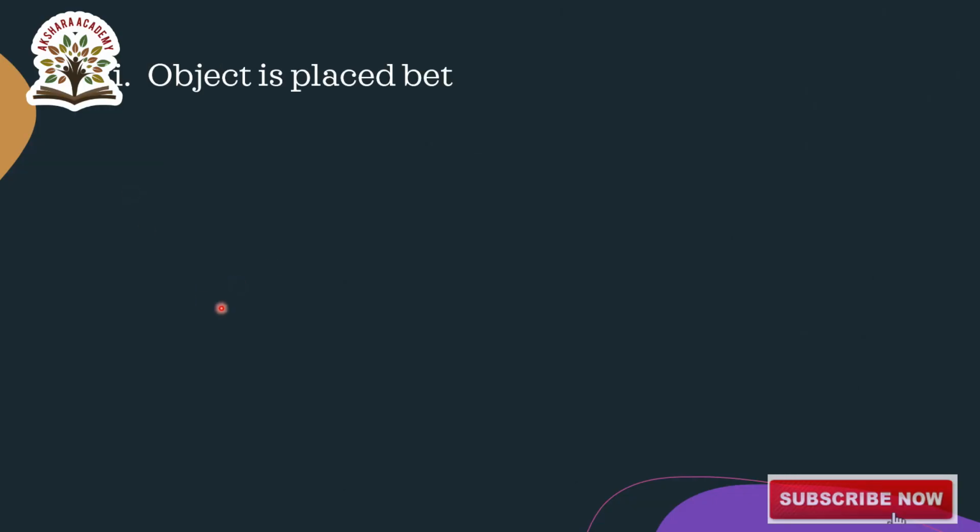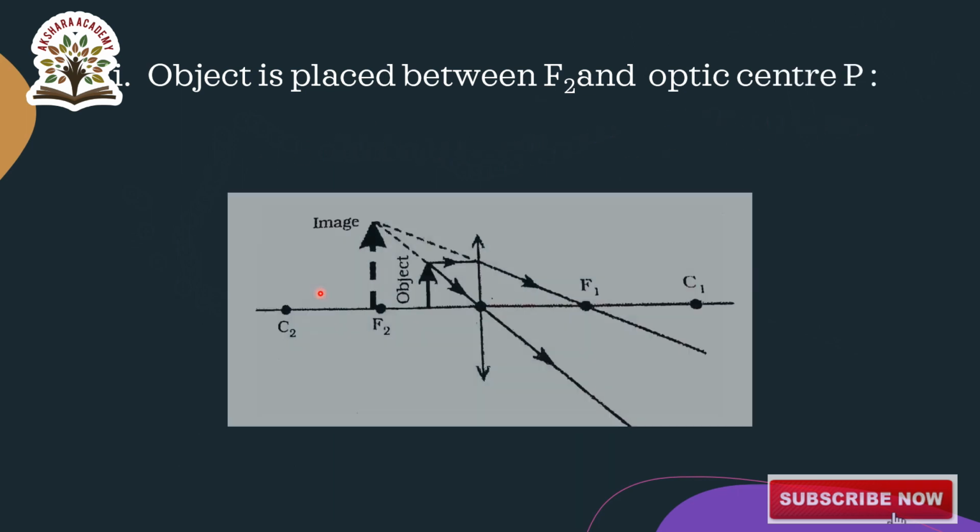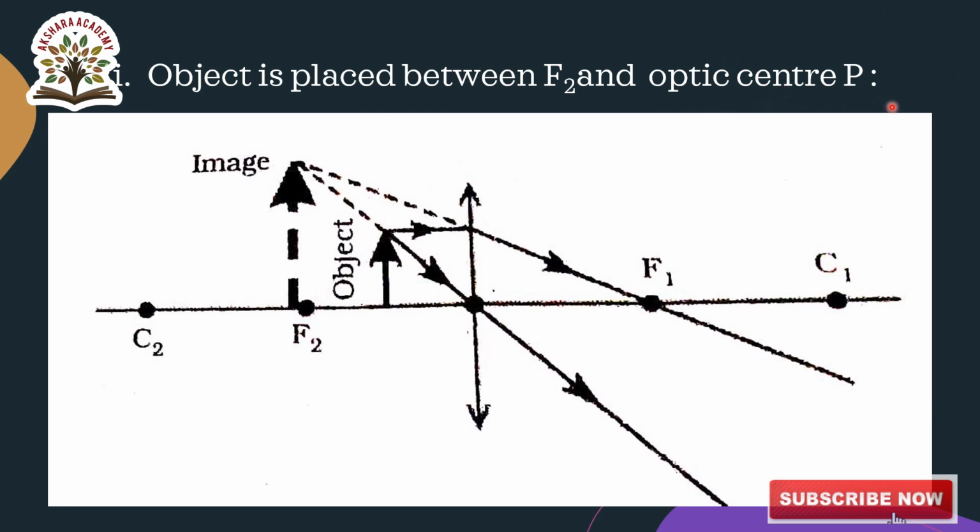suppose the object is placed between F2 and optic center P. See here, this is the convex lens and focus F1, F2 and the centers of curvature C1 and C2.